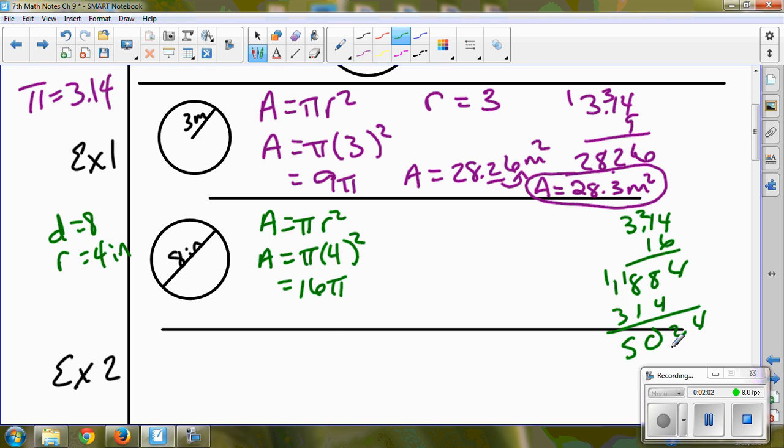Two decimals, so 2 here. So I get 50.24. Remember, look at that 4. So we get 50.2 square inches.